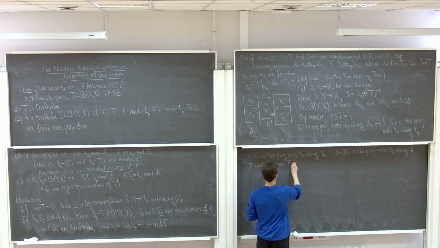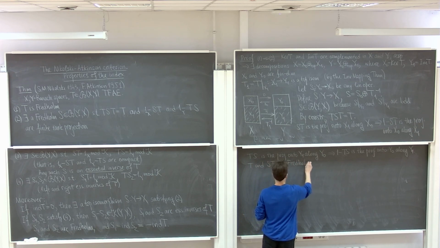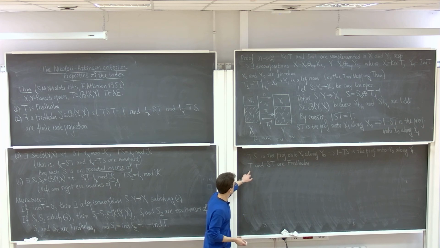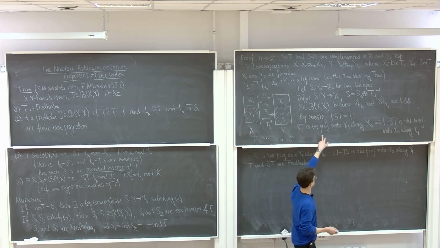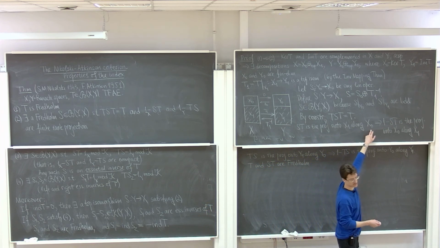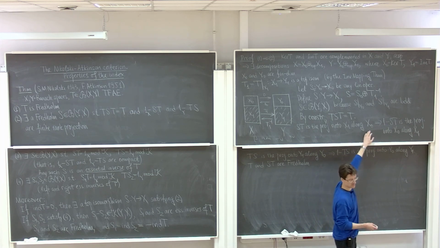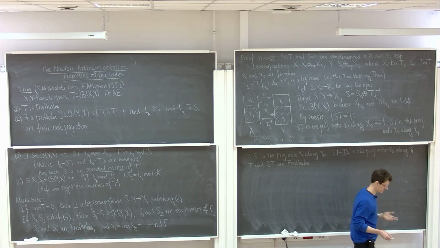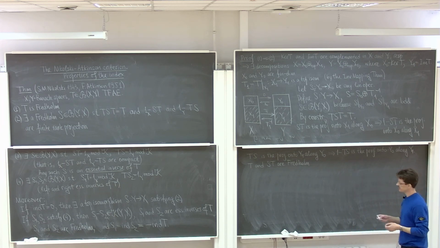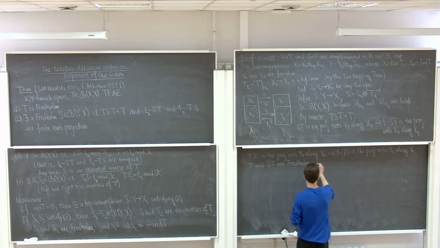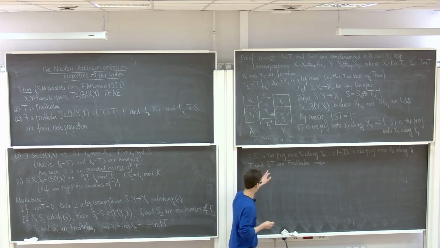So T is Fredholm by assumption, and ST is the projection onto x1 along x0. So it is a projection with a finite dimensional kernel. So clearly each projection with a finite dimensional kernel is Fredholm. So T and ST are Fredholm, but some time ago we proved that this implies that S is Fredholm.